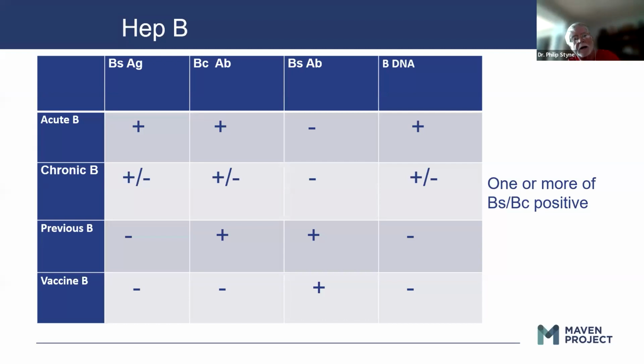How do you know? By checking the DNA. Previous B, we talked about the core is positive, the surface antibody is positive. Previous vaccine, the core is negative, and the surface antibody positive. And I didn't even put the E antigen and E antibody on this slide to keep it from getting too complicated. Next slide.